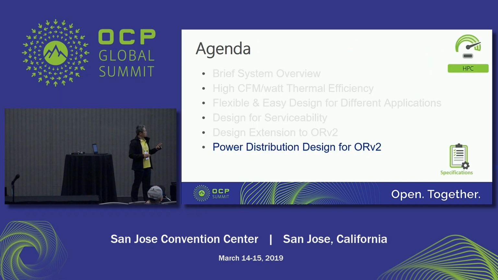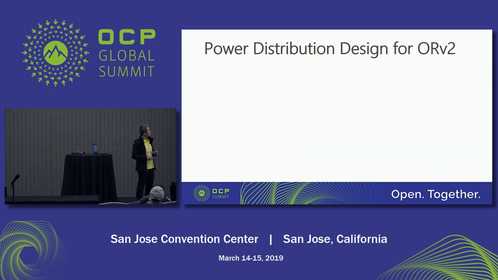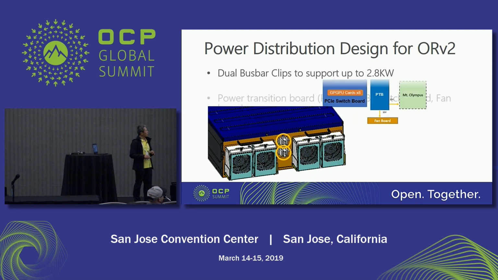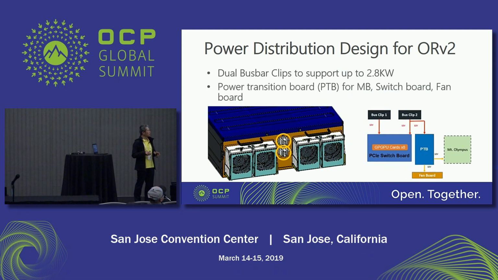And last will be the power distribution design for ORV2. We use dual bus bar clips to support this system up to 2.8 kilowatts, as you can see here. And the power supply to the whole system will be like this.